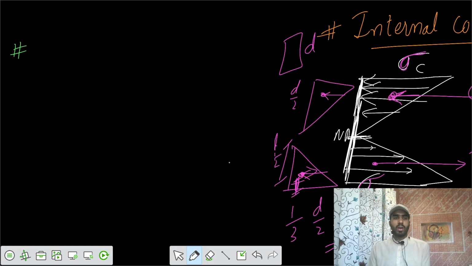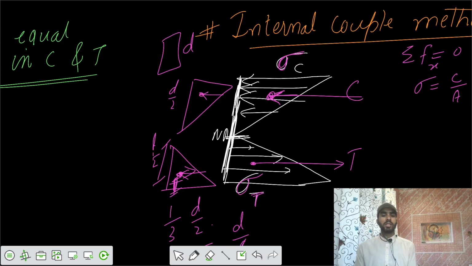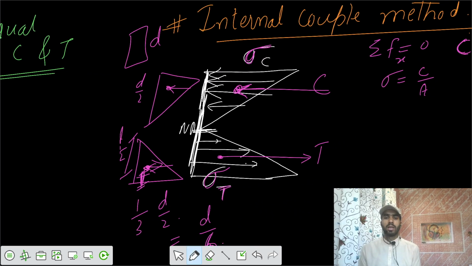Now let's take this case and write the headline of this topic, along with the internal couple method: we want a beam of equal strength in compression and tension. So if you want my bending stress in compression and tension to be the same, that means you have a sigma allowable here same as the sigma allowable here.